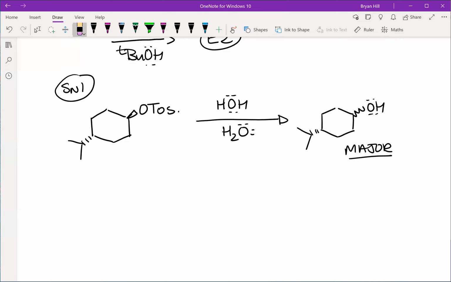And then some decisions might need to be made with regard to the solvent. Is it an aprotic solvent, which will favor a substitution reaction? Is it a protic solvent, which would favor an elimination reaction? But I'll give you this decision matrix. I'll hand that out in a few minutes. Okay? All right.